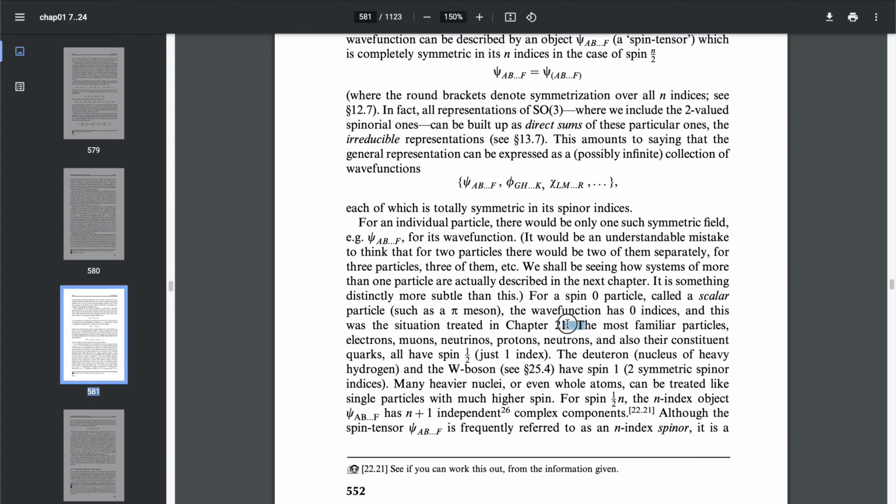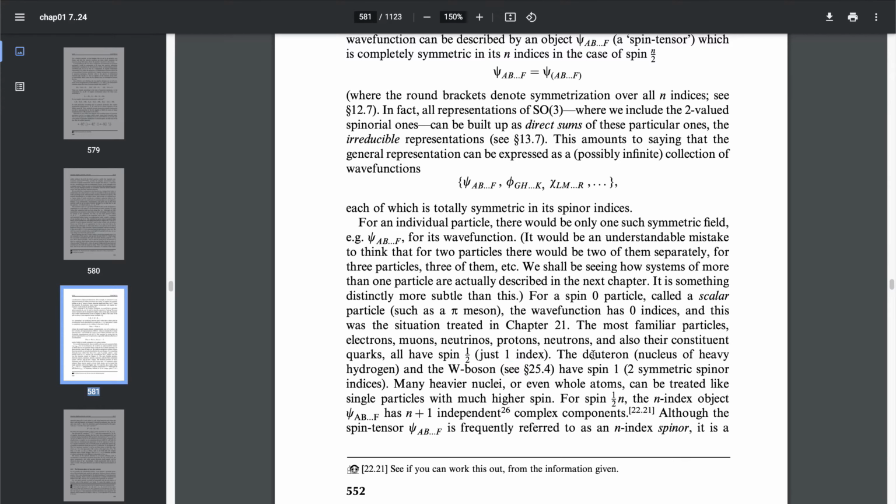So our psi hasn't any indices there. Okay, and the most familiar particles like electrons, muons, neutrinos, protons, neutrons, and also their constituent quarks all have spin 1/2. So just one index here.